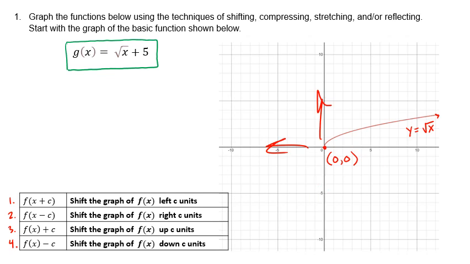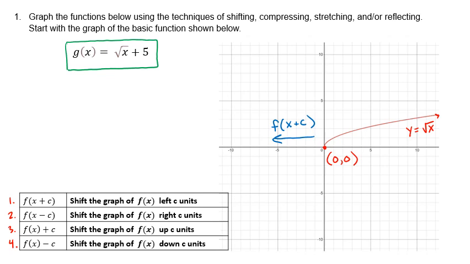Let me switch to a different color. So moving the graph to the left, this is number 1 in this table, is a result of adding a number inside with the function.